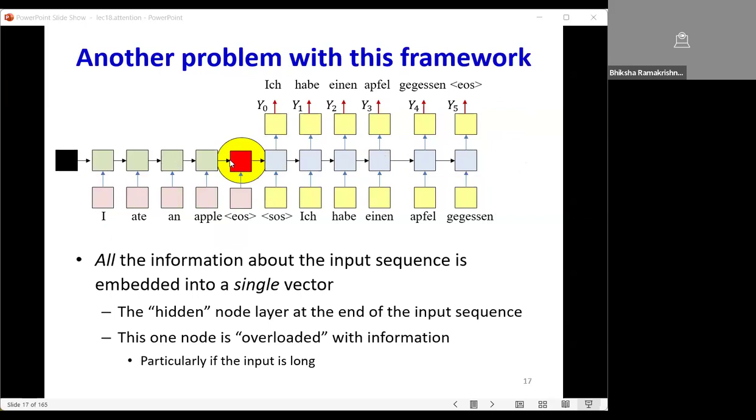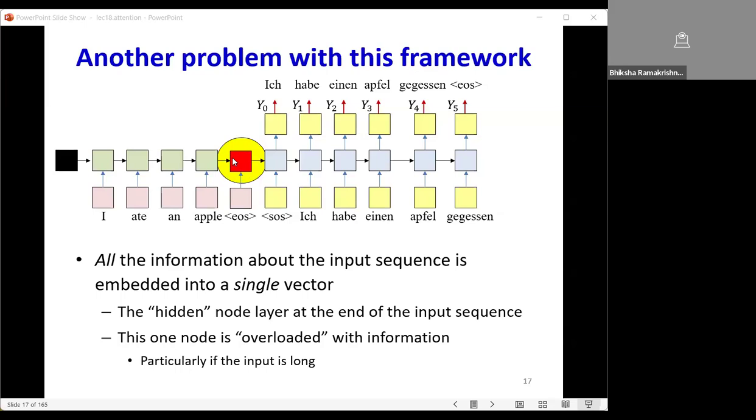All the information about the input is being embedded into a single vector. So this single vector over here is supposed to capture everything that happened in the input, and it might work if the input is short, like I ate an apple. But if this were a long sentence or a book with hundreds of words, then by the time you got here, stuff that happened early in the input is going to be quite forgotten.